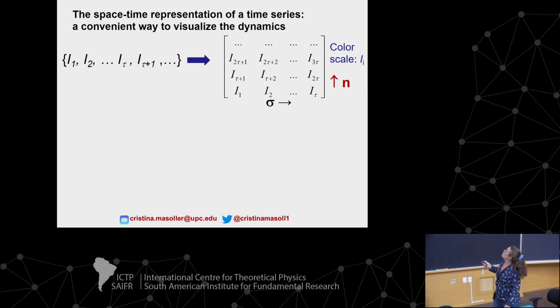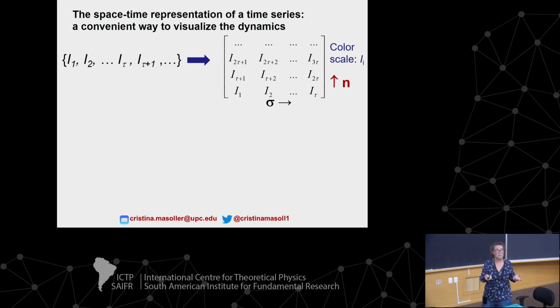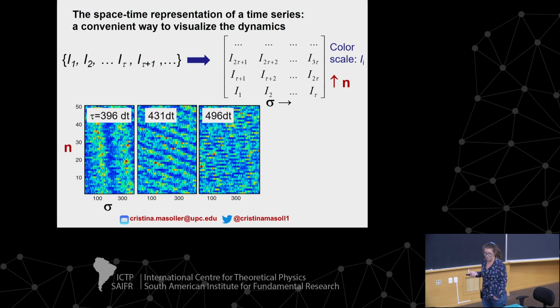For that, you need to choose a particular lag and say, okay, this is a row, the next segment is the next row, the next segment is the next row, and so on. So instead of having a long string of data points, in this way, you have an image, okay? And then you plot it with color code.